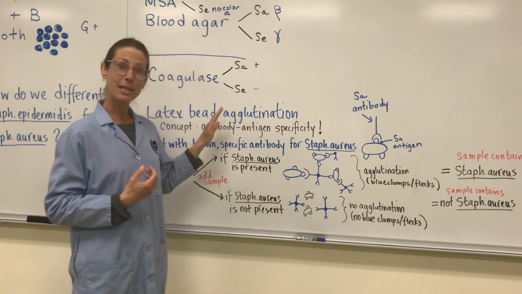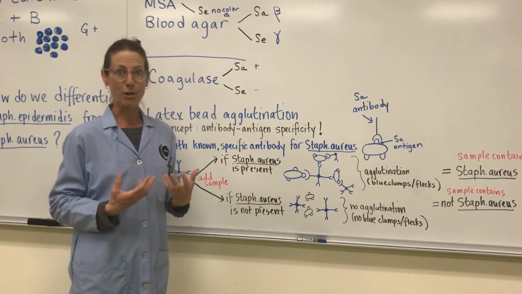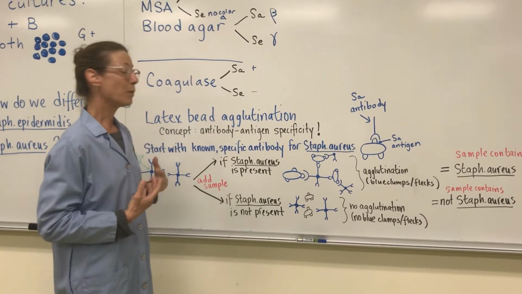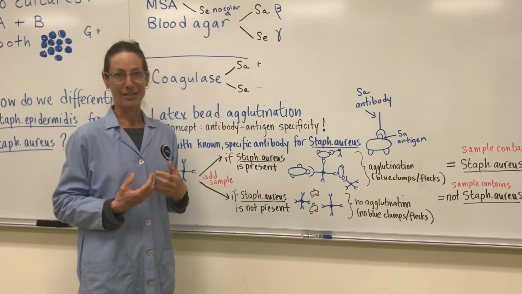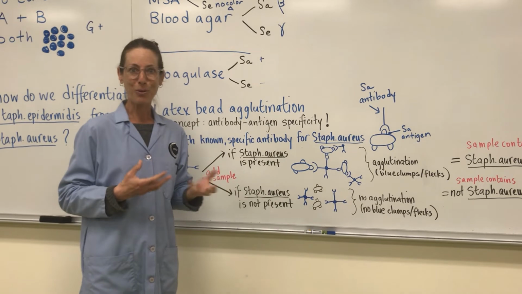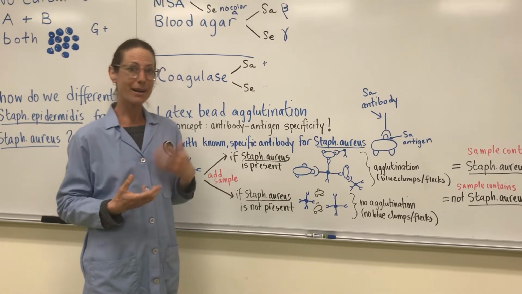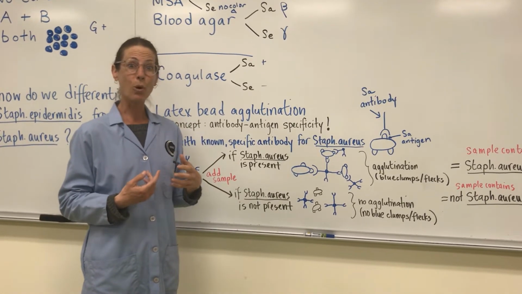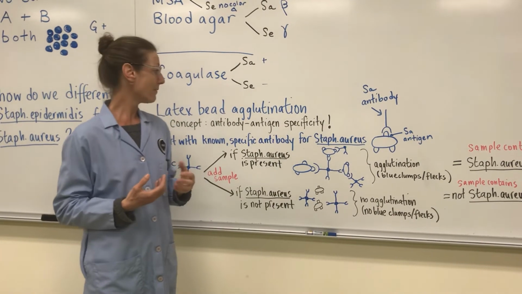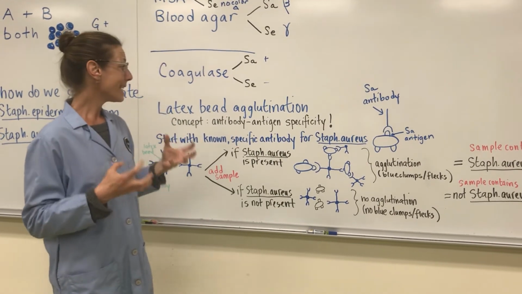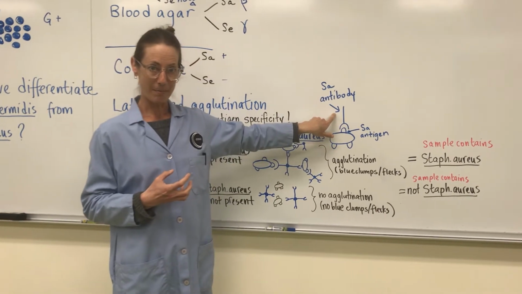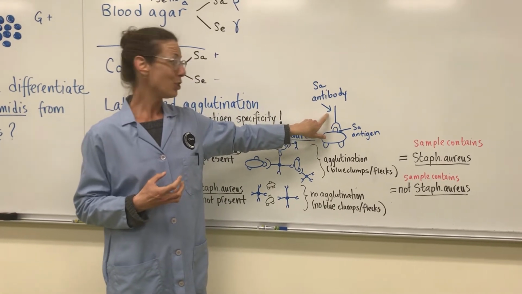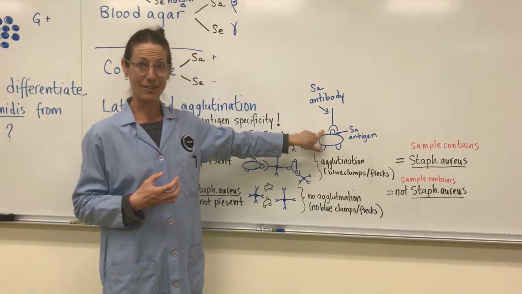Antibodies are proteins that our body produces, part of our immune system, in response to specific antigens. And in the vaccines portion of the class, you'll hear about antibodies and the role that they play in memory and specificity. But the idea here is that specific antibodies bind to specific antigens.